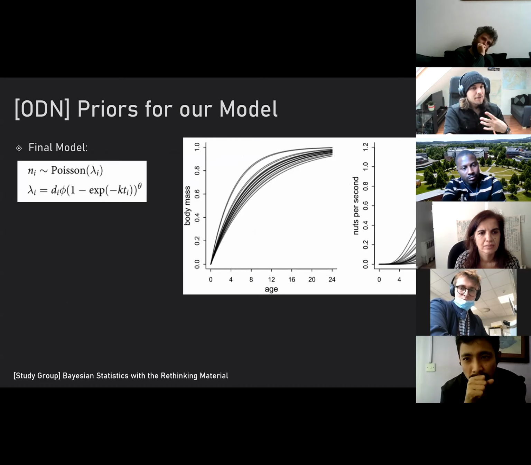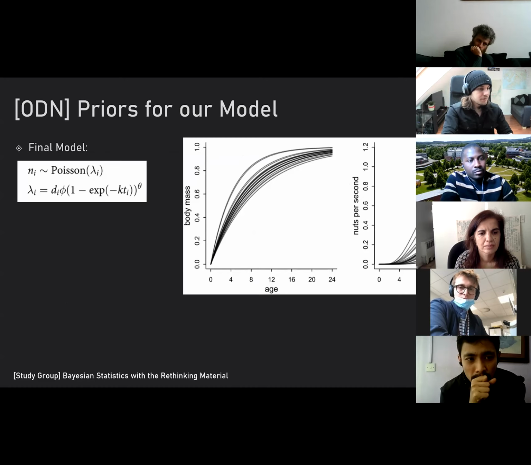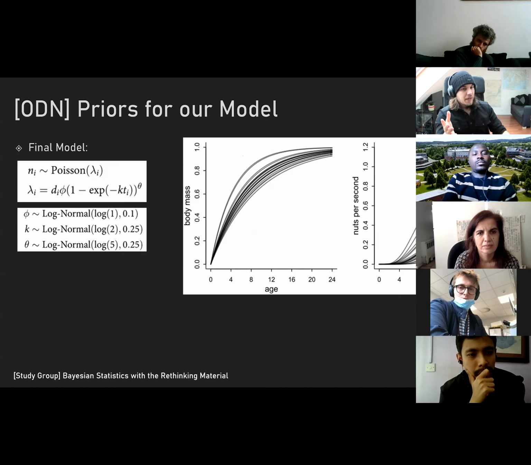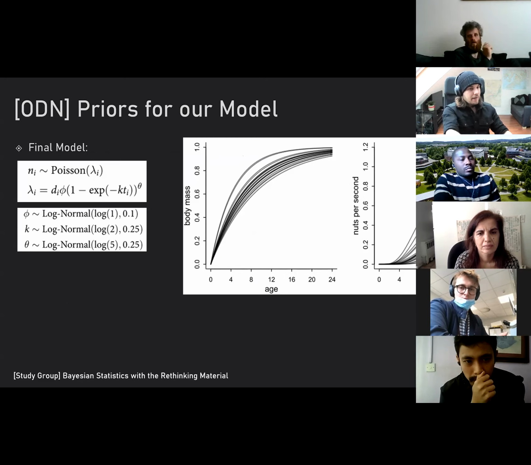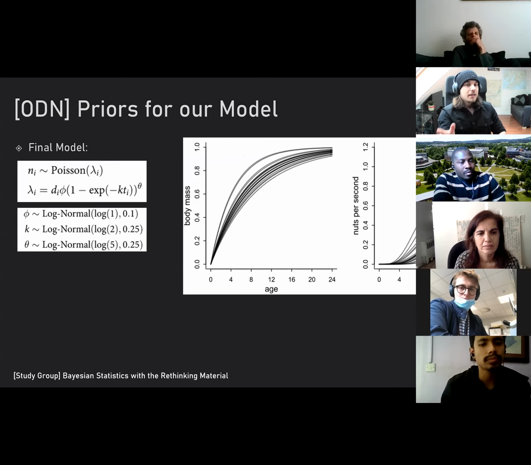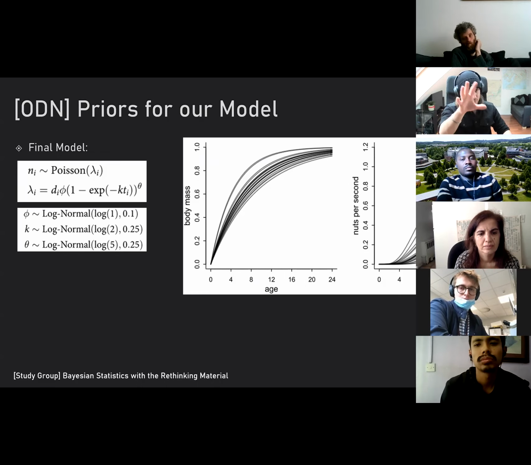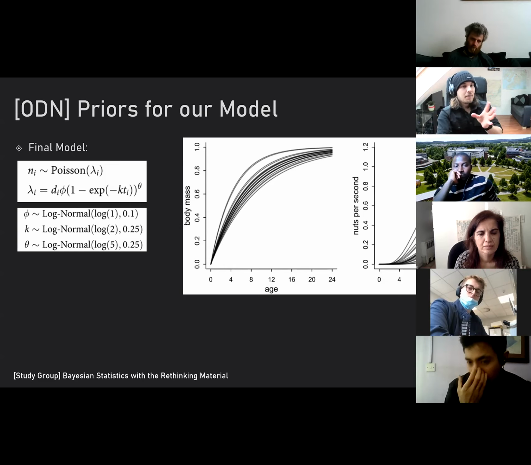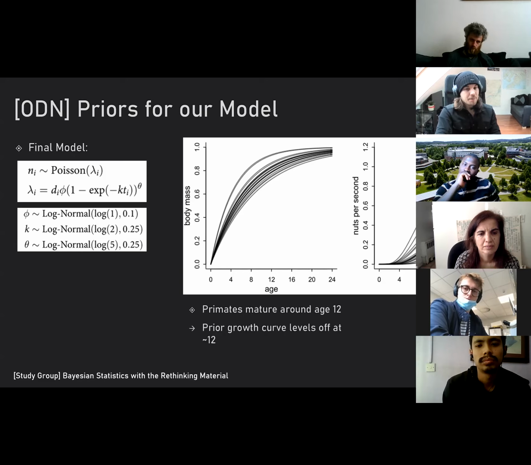Even though we don't have a good intuition for phi, I don't have one right off the bat, we can do some prior simulations. And these are the priors we end up on, with these priors being represented in the left-hand side of the plots on the right-hand side, with the rightmost plot showing some other priors. And we'll talk through why we've settled on the one on the left here.